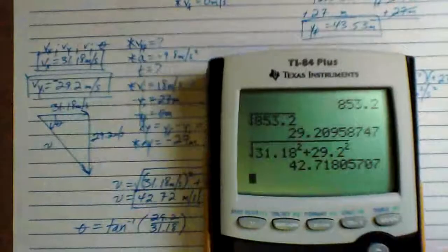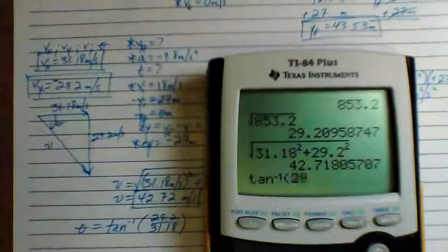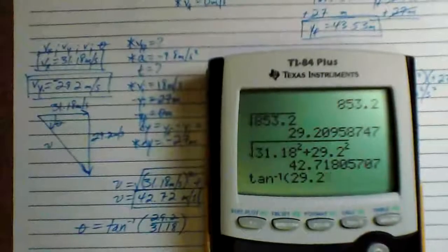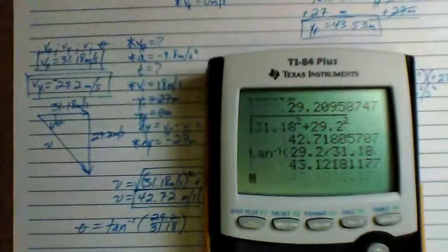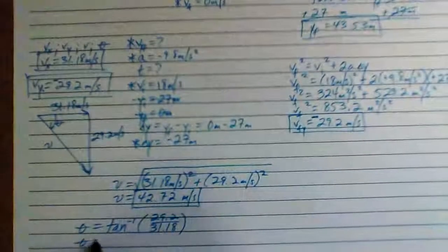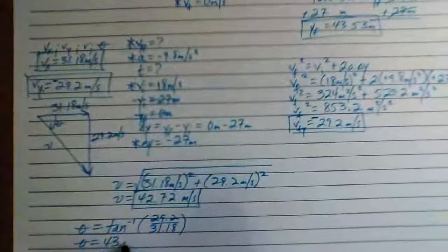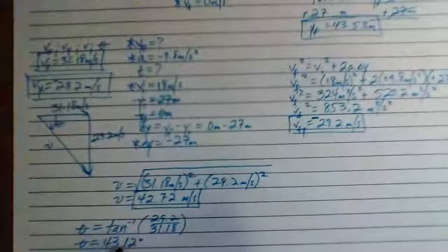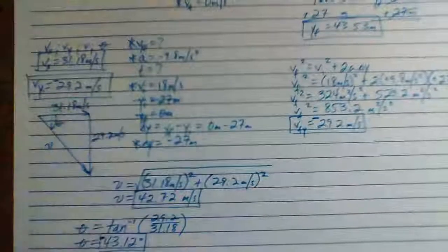We're going to put this in the calculator and say second tan negative 1, 29.2 divided by 31.18, and that gives me 43.12. So my angle, as long as I'm in degree mode, is 43.12 degrees. And I'm going to call that negative since it is going downwards.